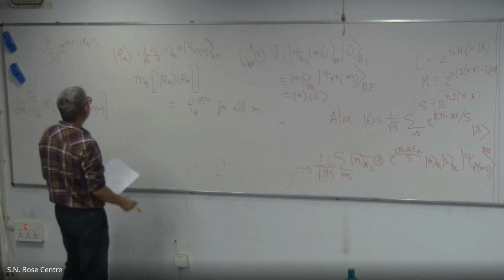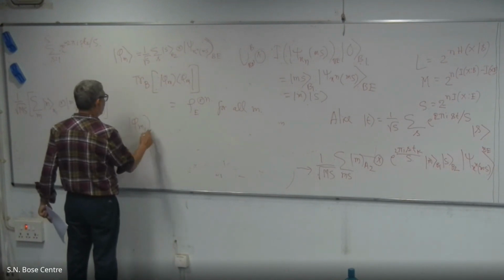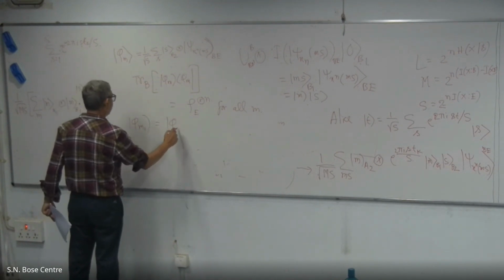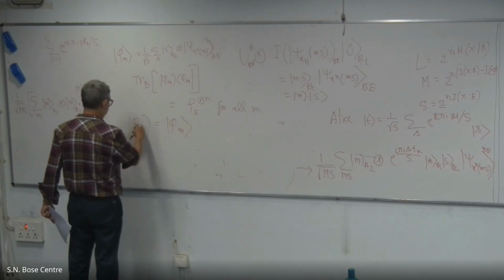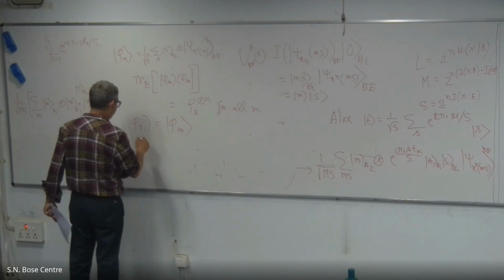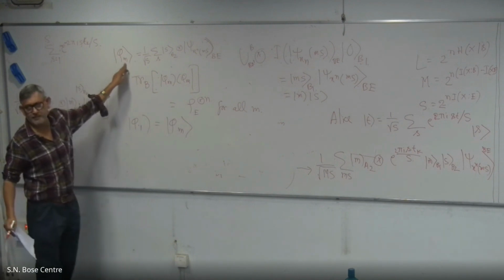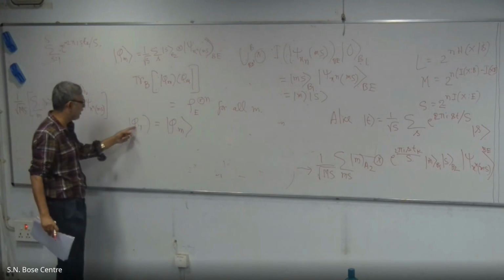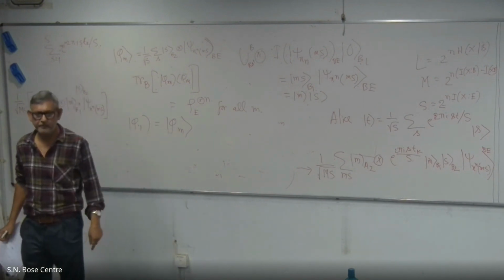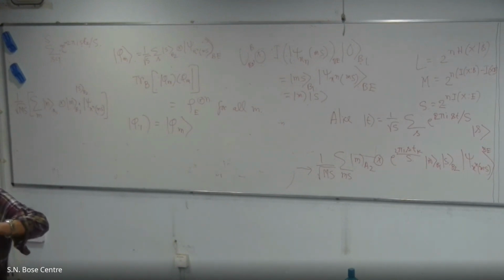Then can you tell me what the connection is between phi 1 and phi M? This is true for M equal to 1, M equal to 2, M equal to 3, for all of them. Can you tell me the connection between phi 1 and phi M? Both of their E parts are the same. So what is the freedom?